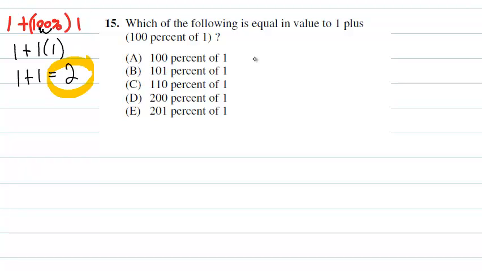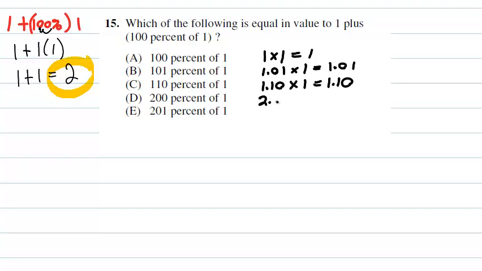Which of these is equal to 2? Well, 100% of 1, that's 1 times 1, which is 1. 101% of 1, that's 1.01 times 1, which is 1.01. 110% of 1, that's 1.10 times 1, which comes out to 1.10. 200% of 1, that's 2.00 times 1, which is 2.00, and that's our answer because we're looking to find out what comes out to 2.